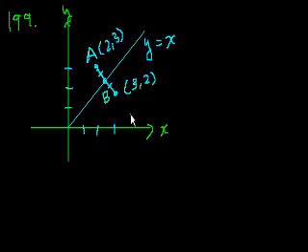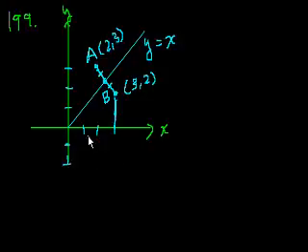And they tell us that the x-axis is a perpendicular bisector of segment BC. Okay, so x is going to be perpendicular to this new line. So this new line has to be parallel to the y-axis, right? So this new line is going to go like that. And whatever the distance is between B and the x-axis has to be the distance between x-axis and C, right?